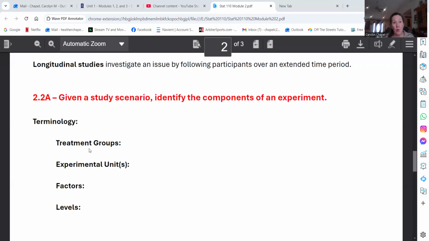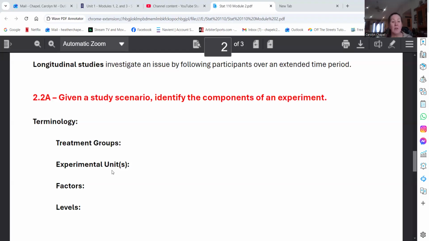Those different groups are a lot of times referred to as a treatment group. So you would be like the no drug group, the 5 milligram group, the 10 milligram group, or maybe we're doing exercises: the no exercise, the exercise in the morning, the exercise in the afternoon groups.